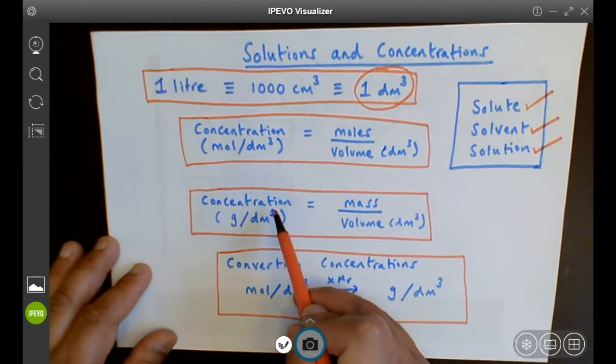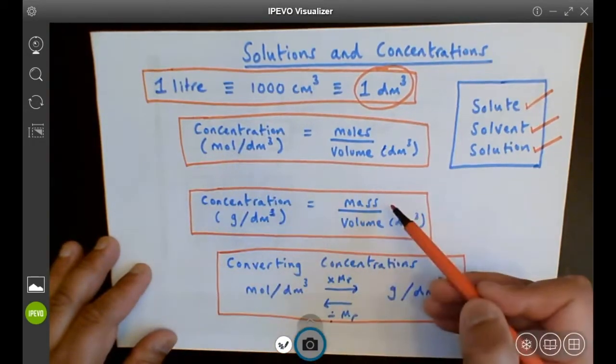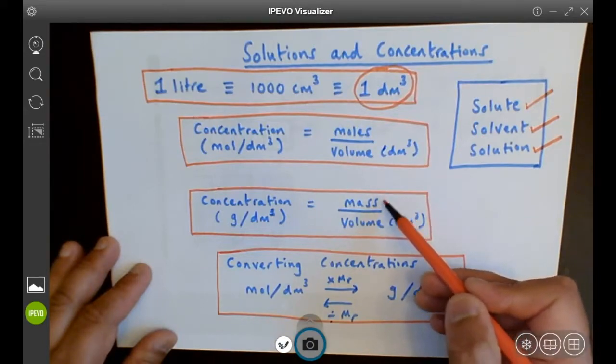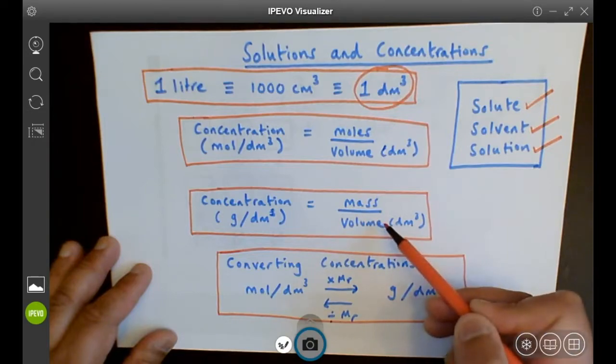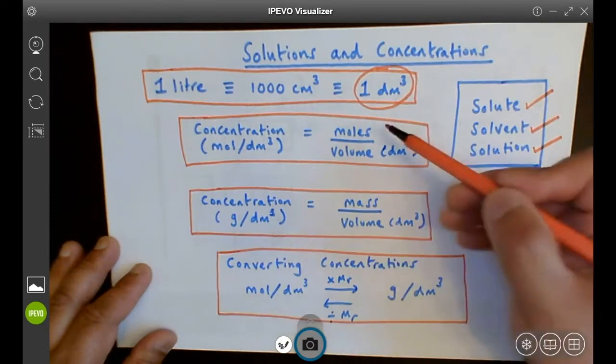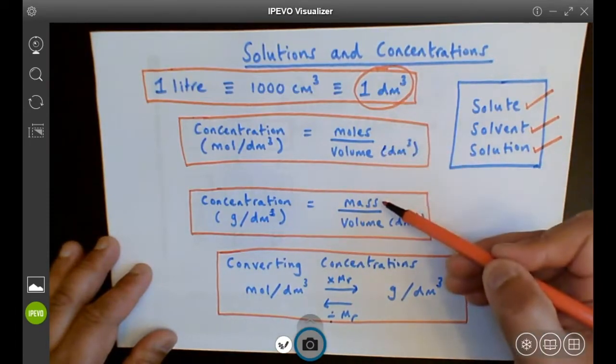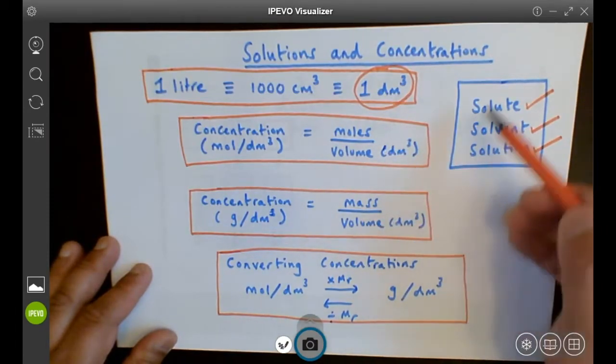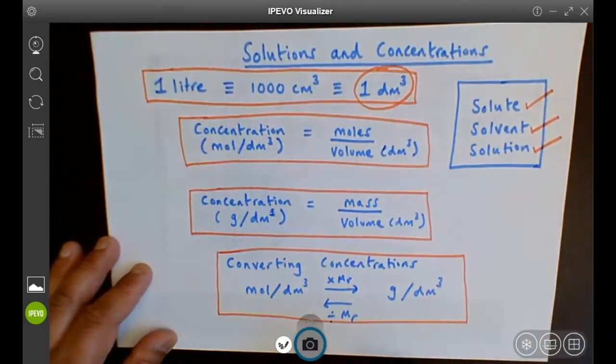We can also work out concentration by looking at the mass, how many grams of the solute is dissolved in the volume in decimeters cubed. So we've got the units grams per decimeter cubed. So we can either look at moles dissolved in a volume or the mass dissolved in the volume of that particular solute. Another important part is being able to convert concentrations from the units of moles per decimeter cubed to grams per decimeter cubed.